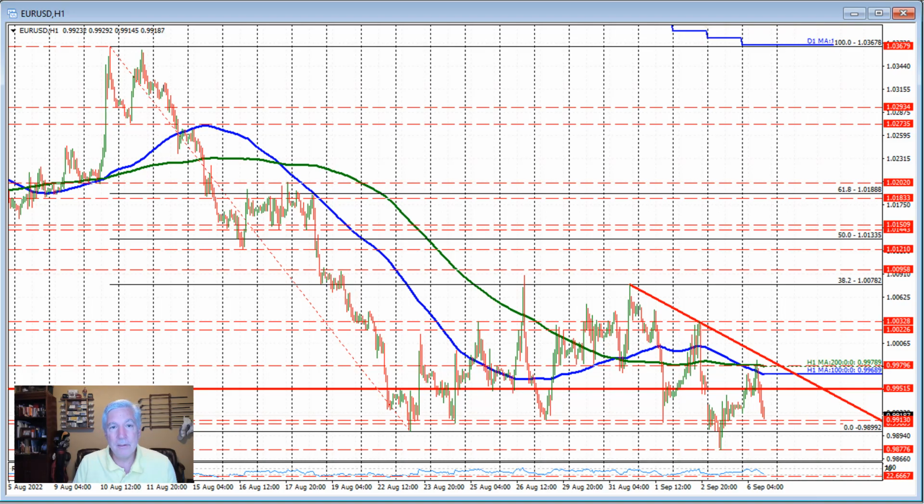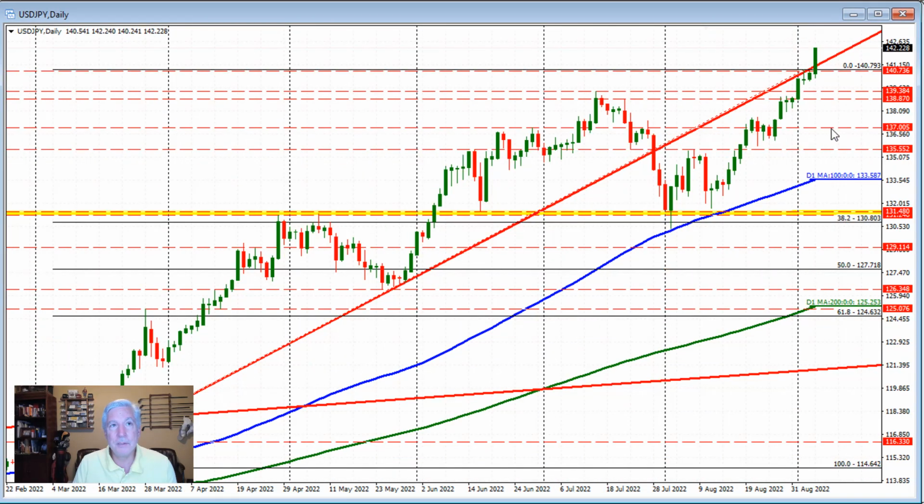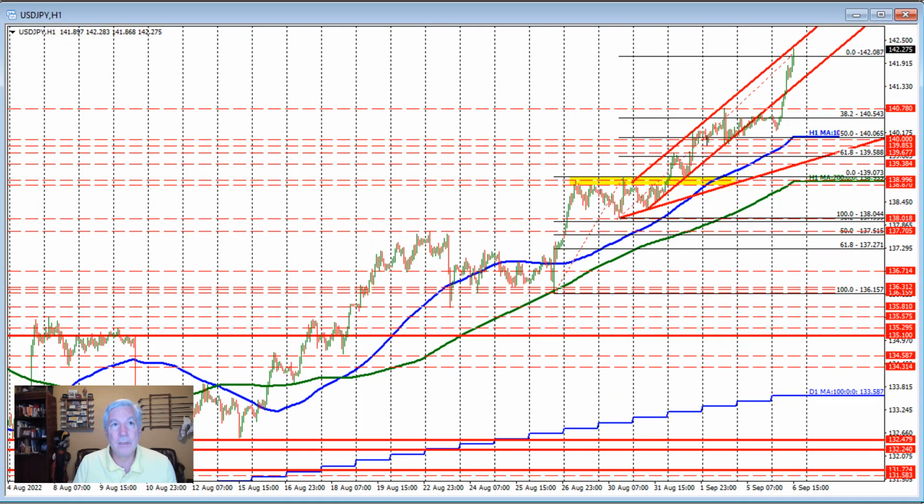So the dollar versus yen is our next currency pair, and it continues to move to the upside. This is the daily chart, taking out the high price from yesterday's trade and extending all the way up to, well, where we are pretty much right now.